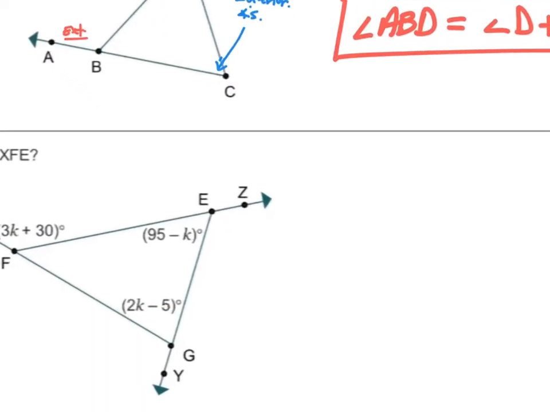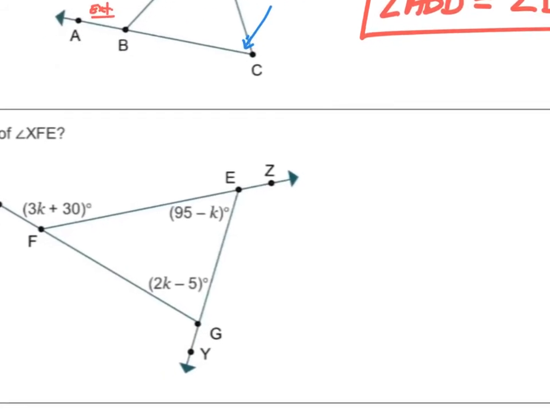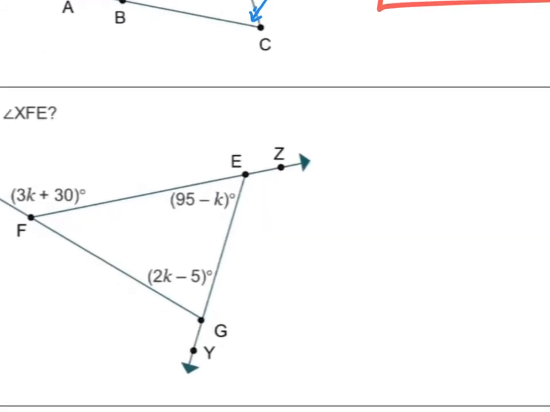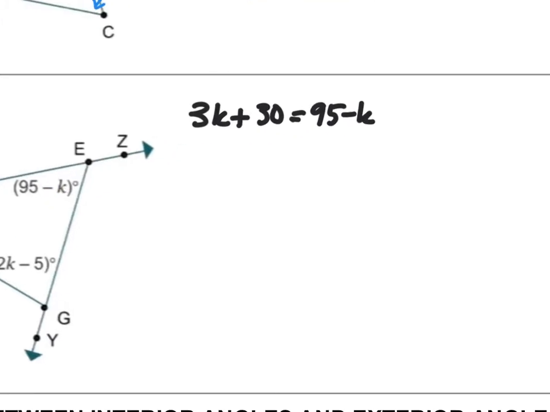So let's set up an equation: 3K plus 30 is equal to 95 minus K, this angle right here, plus 2K minus 5.